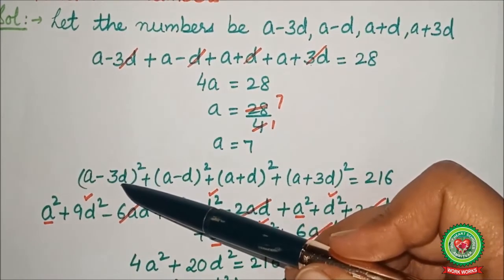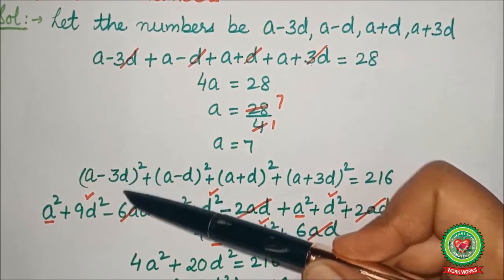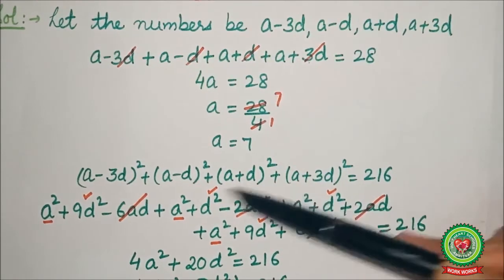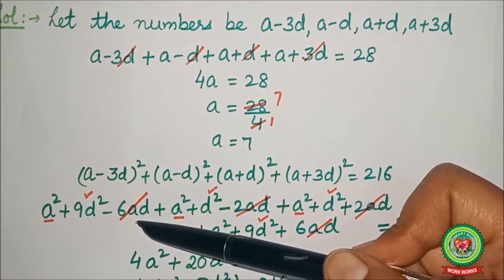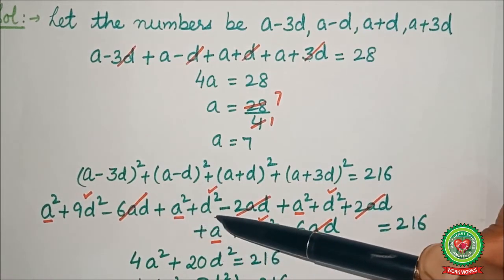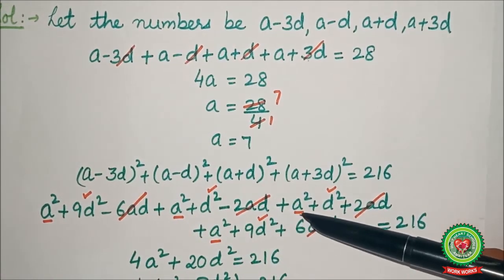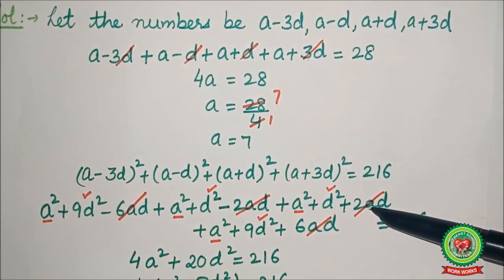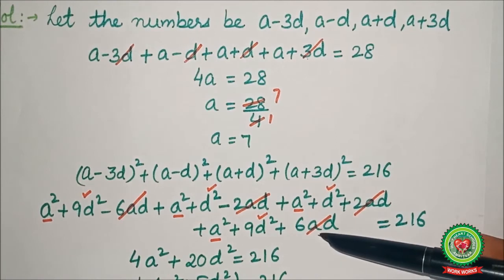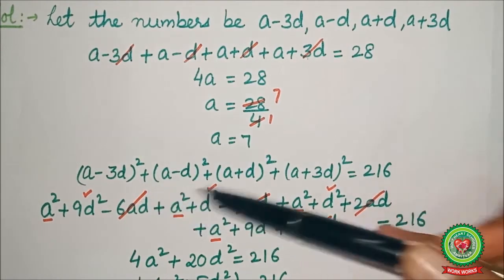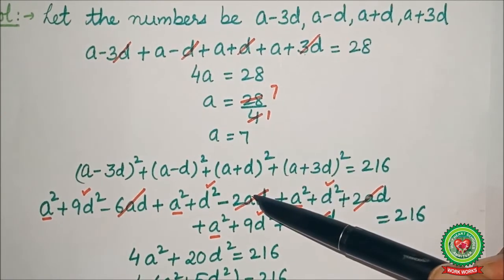Here apply the identity of a minus b whole square and a plus b whole square. So we get a square plus 9d square minus 6ad, then a square plus d square minus 2ad, a square plus d square plus 2ad, then a square plus 9d square plus 6ad. 6ad cancels with minus 6ad, 2ad cancels with 2ad.